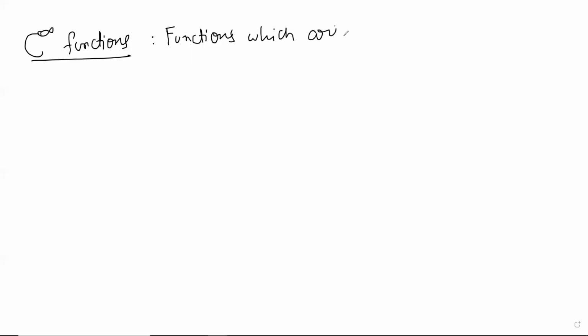So we are going to look at what are called C infinity functions. Okay, this is a very important concept for several reasons. C infinity functions. So the definition of this is functions which are infinitely differentiable.